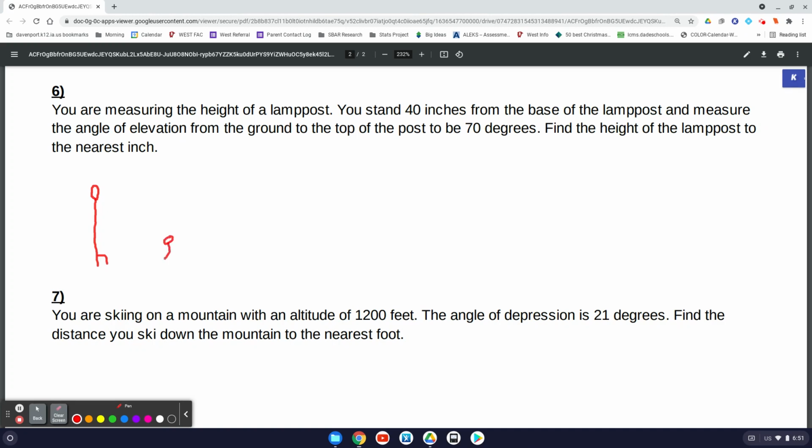Once again, here we are. I know the distance from the base to me is 40 inches. And the angle of elevation, so going from the flat up, is 70 degrees. So a very sharp angle. Find the height of the lamppost.